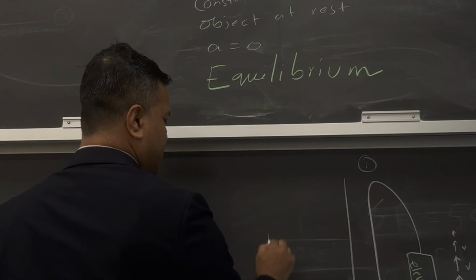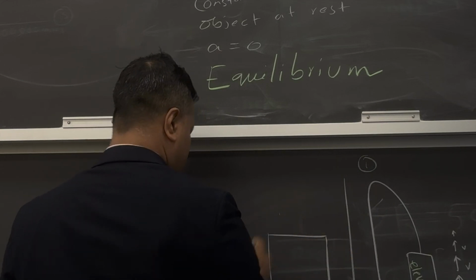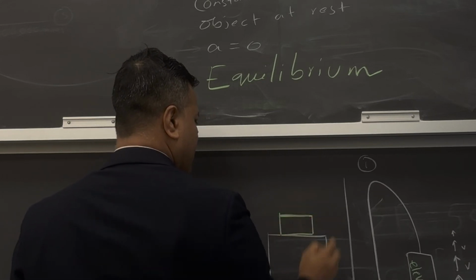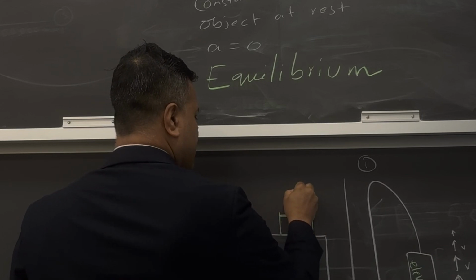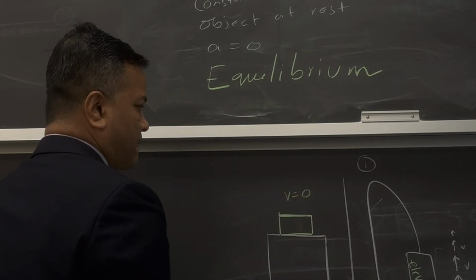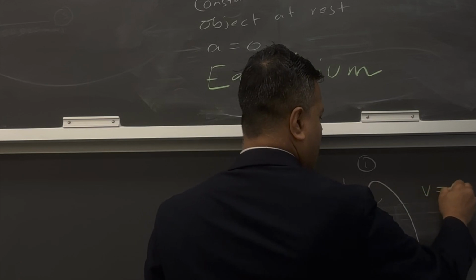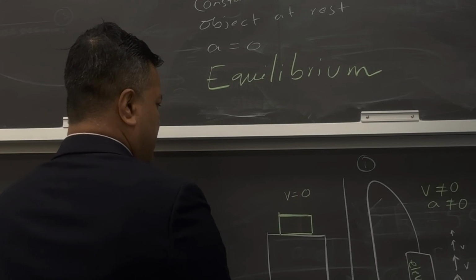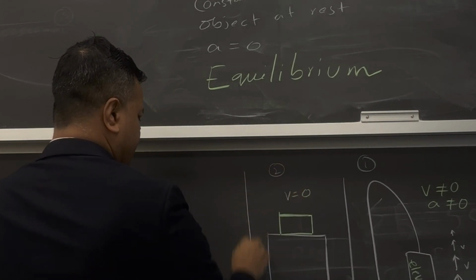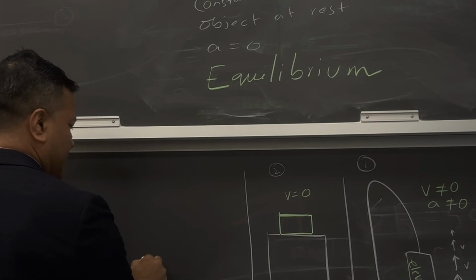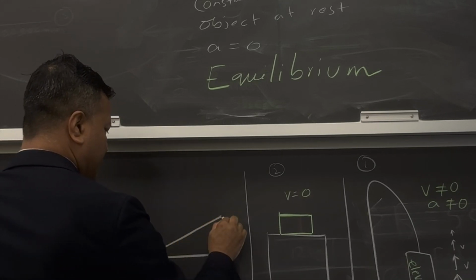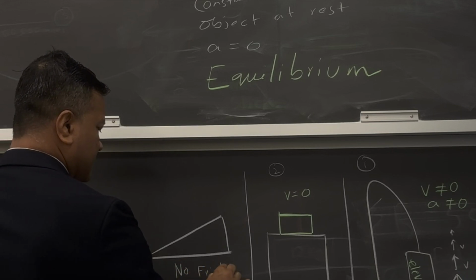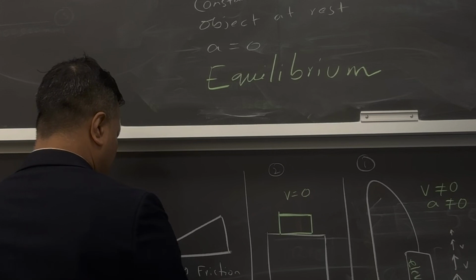Scenario 2, an object sitting on a table and resting. So velocity is 0. And this one, velocity is not 0. Acceleration is not 0. Scenario 3, an object is moving on a frictionless, no friction, inclined plane.